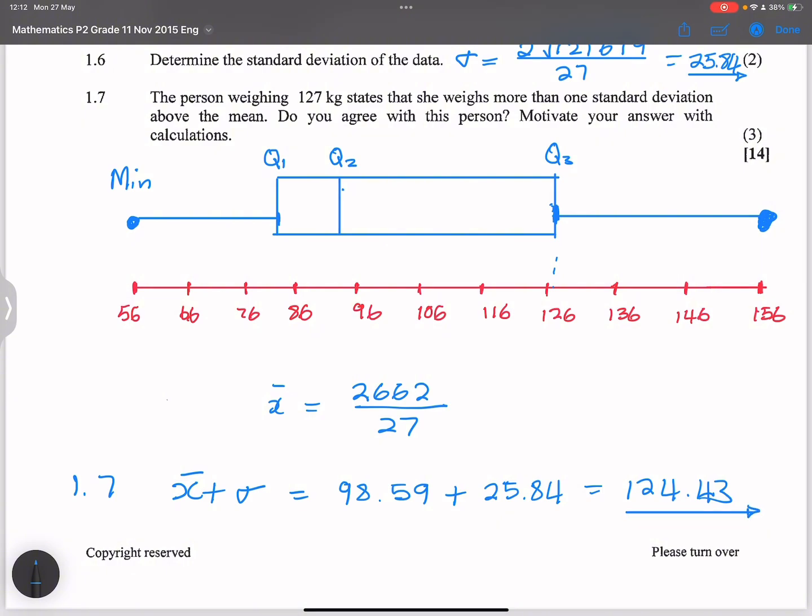So now remember what the person said. The person weighing 127 kilograms states that she weighs more than one standard deviation. Well, my one standard deviation above the mean is 124.43, and this person weighs 127 kilograms. So they say, do you agree with this person? I absolutely agree.